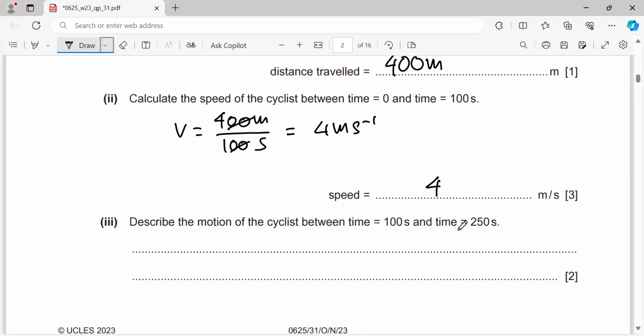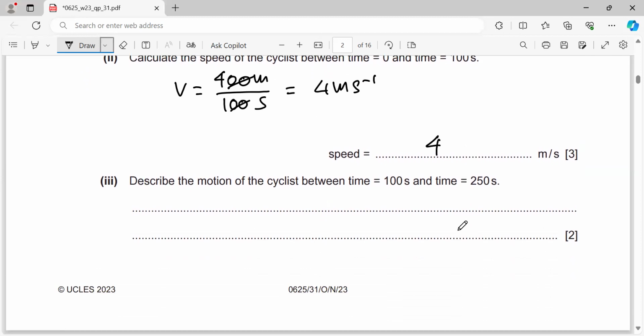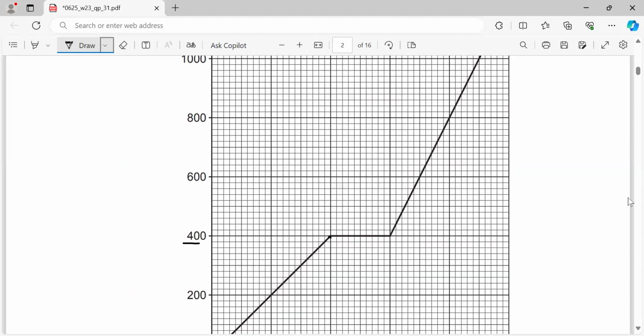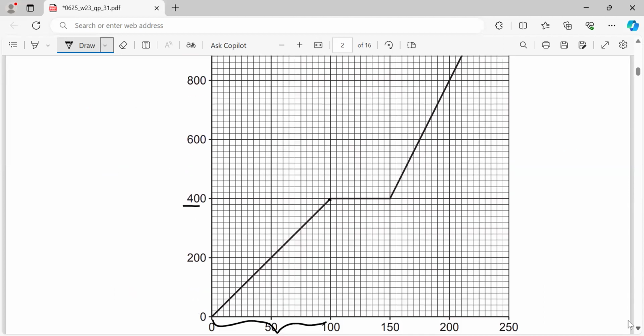Now describe the motion of the cyclist between 100 seconds and time 250. If you look at this graph, it increases from 0 to this point, 400 and 100.